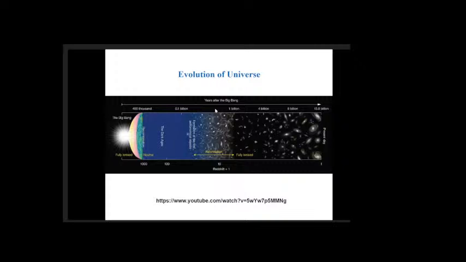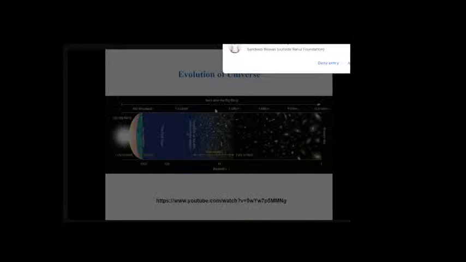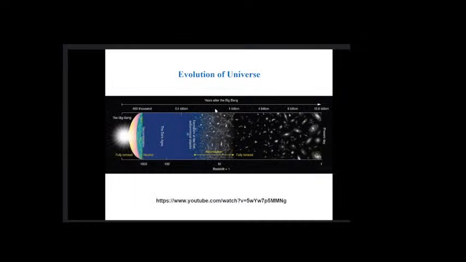So light of energy 13.6 electron volts from stars started to ionize the hydrogen atoms again. Hydrogen atoms were neutral before that. They were ionized just after the Big Bang, but then they became neutral, and again they are becoming ionized because of the light from the stars.